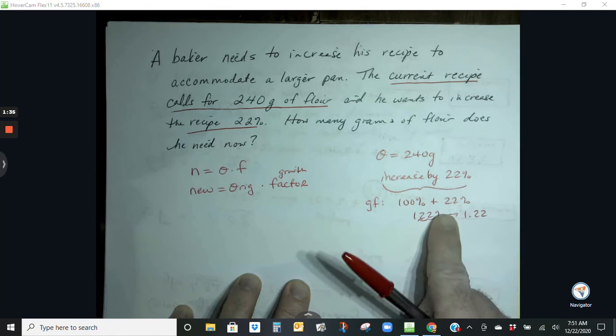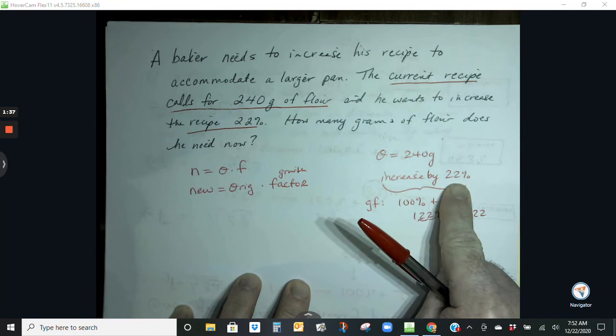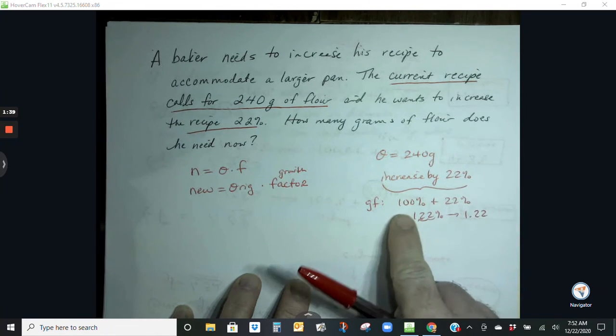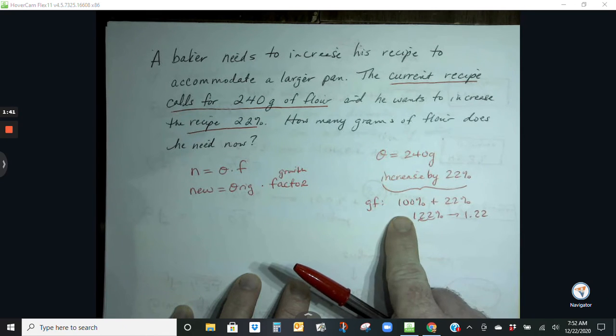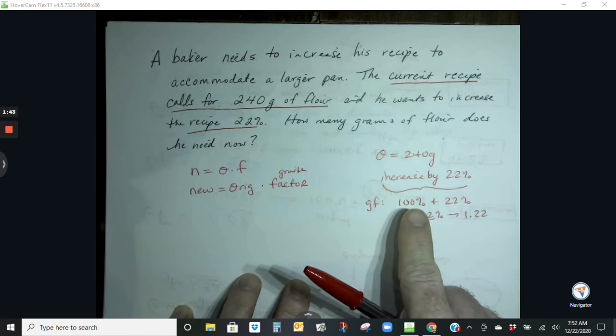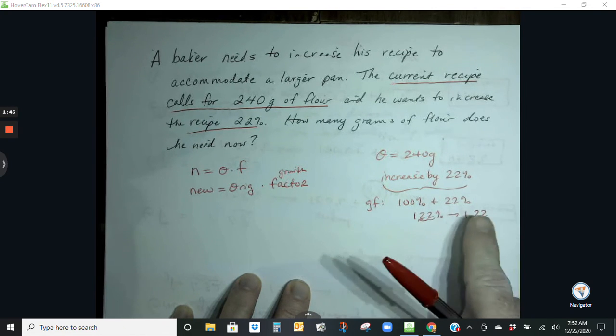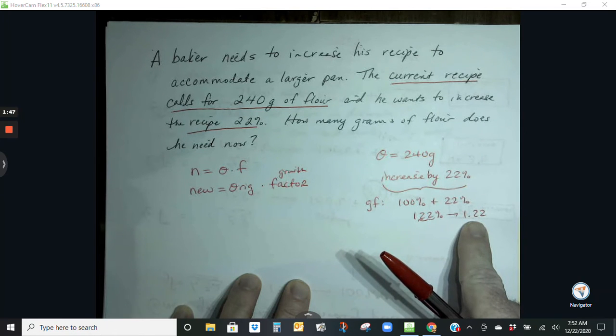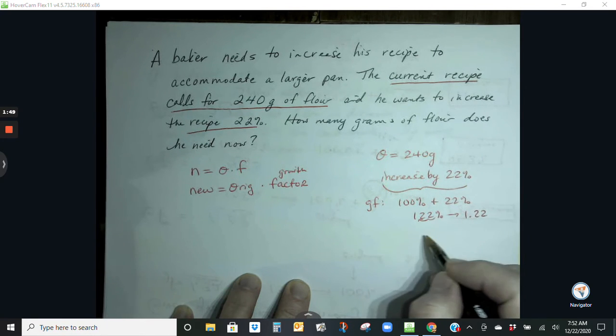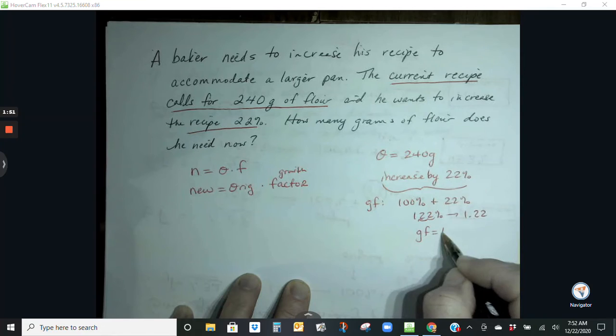We can't just use the 0.22 because that hasn't included the original. We need that. So again, growth factor is 100% plus the percent increase. Our growth factor is 1.22.